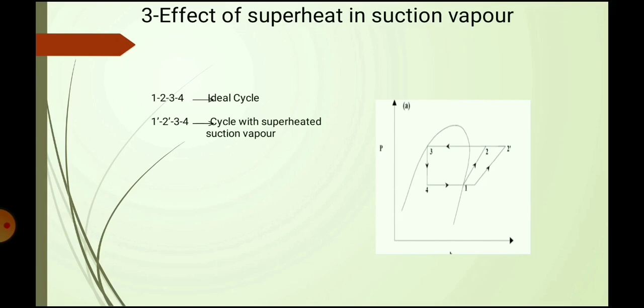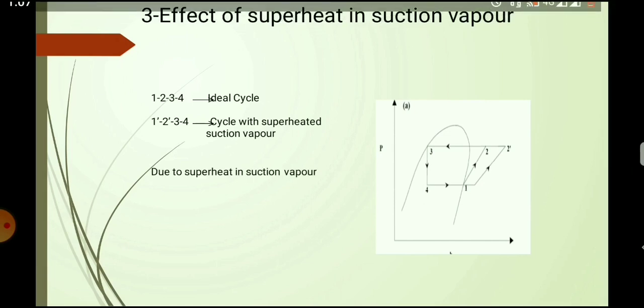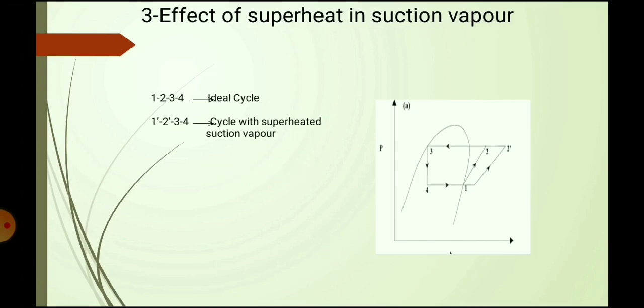And 1 dash, 2 dash, 3 and 4 is said to be the cycle with superheated suction vapor. Suction means at the inlet of the compressor.